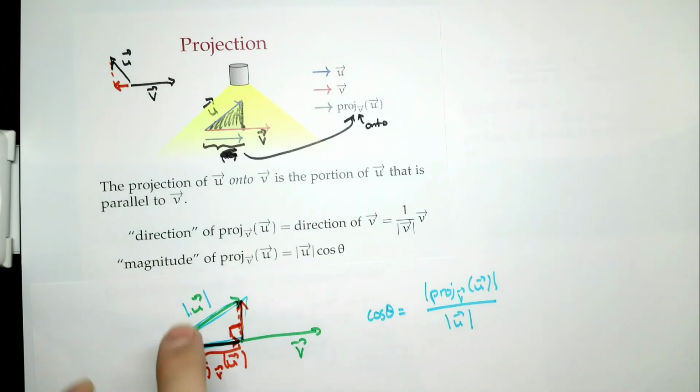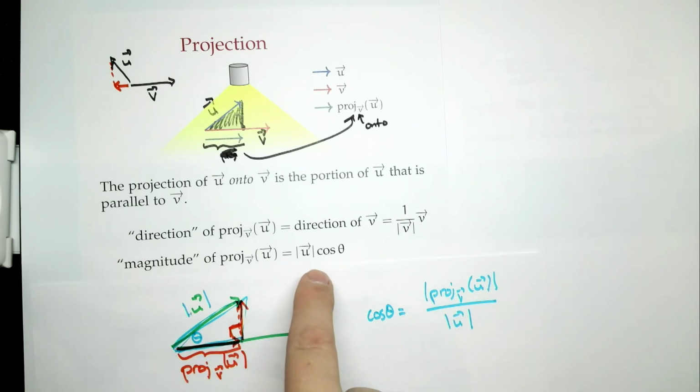Now you might notice again, I put quotes here. You might say, whoa, why do you keep quoting so much? What could happen with this value, magnitude of u cosine theta? It could be 0, that's okay. It could be negative, because cosine can take negative values, and magnitude can't be negative.